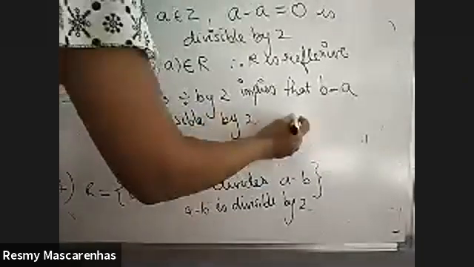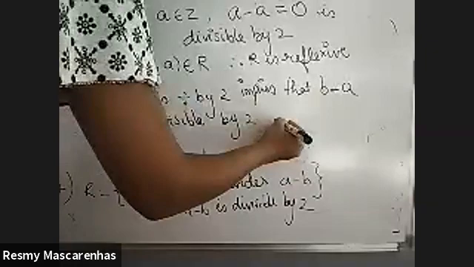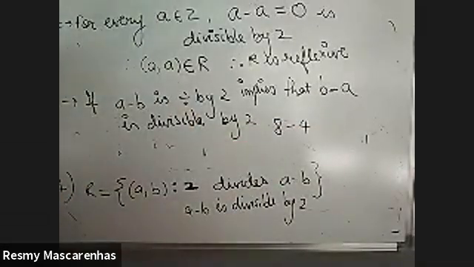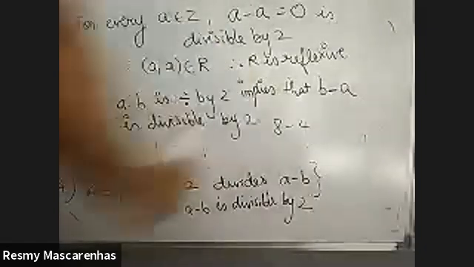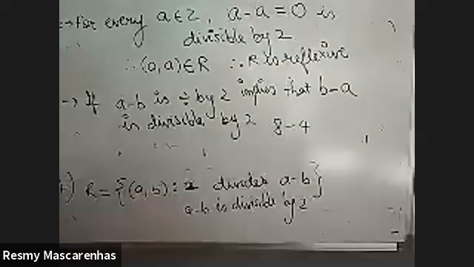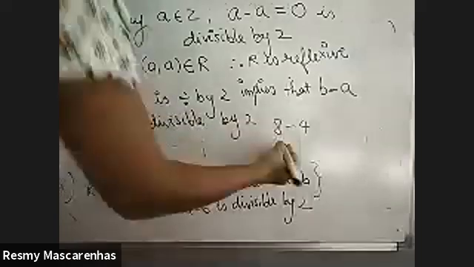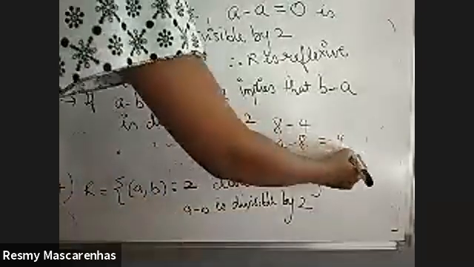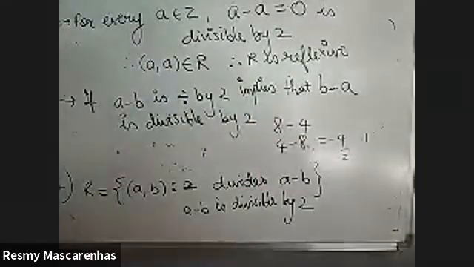If 8 minus 4 is divisible by 2, what does it mean? 8 minus 4 will give you 4. 4 can be divided by 2. Then obviously 4 minus 8 will be minus 4. Still you can divide it by 2.